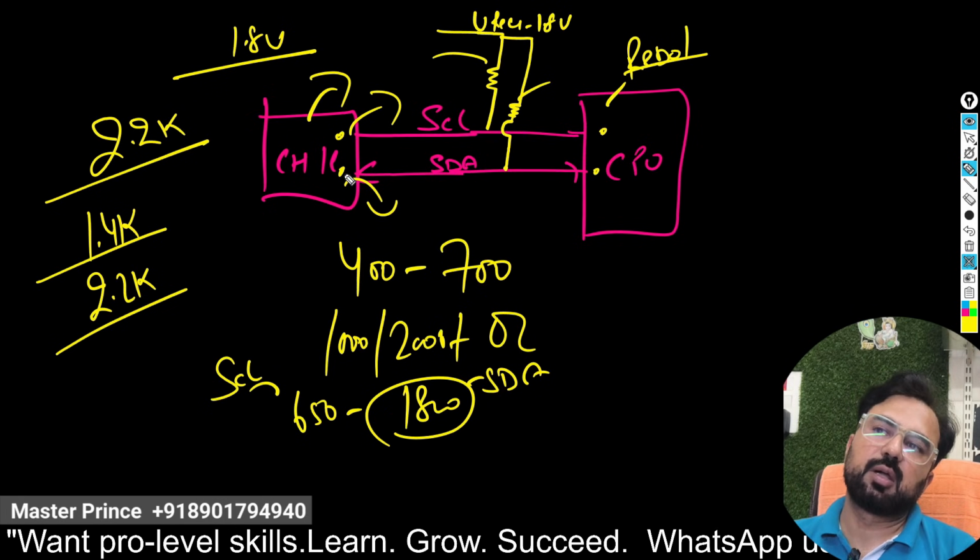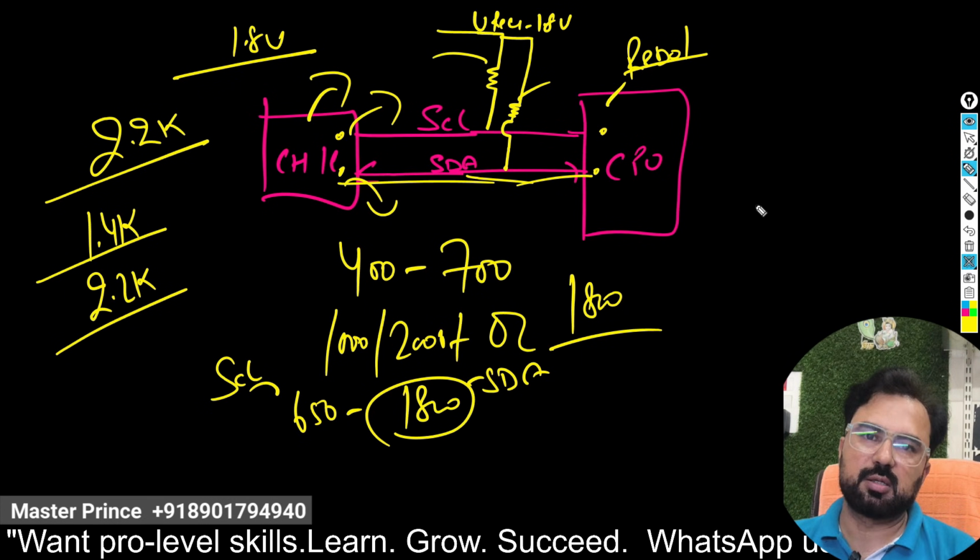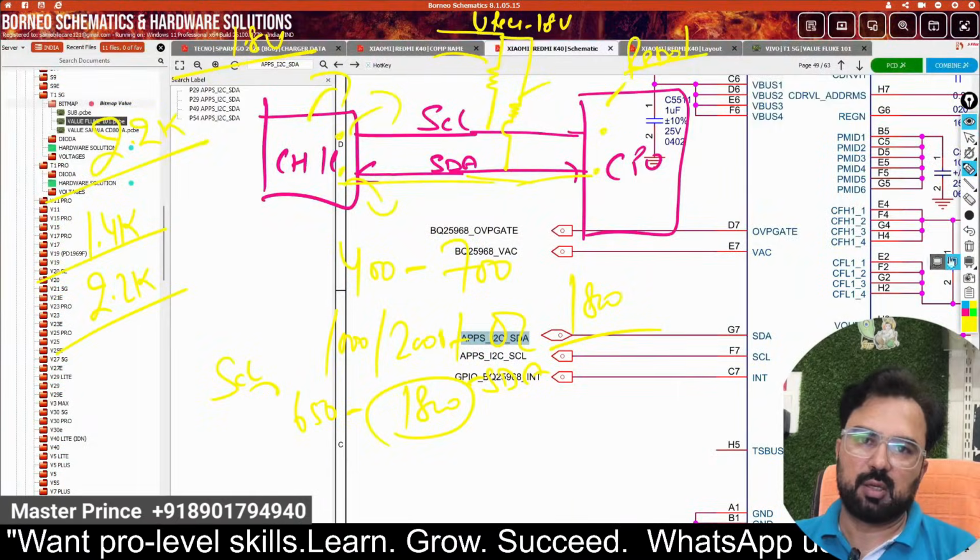If any line, let's say SDA, has a 1800 value, that means the SDA line is open. In that case, you also remove the CPU and check the communication. If the communication is broken, then you have to make a jumper from here to here, right? Clear?